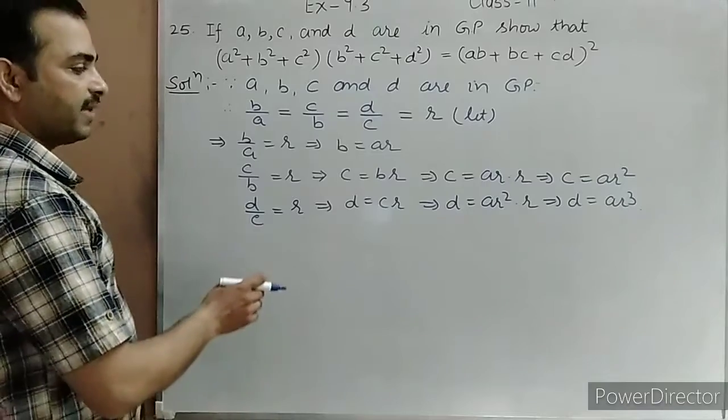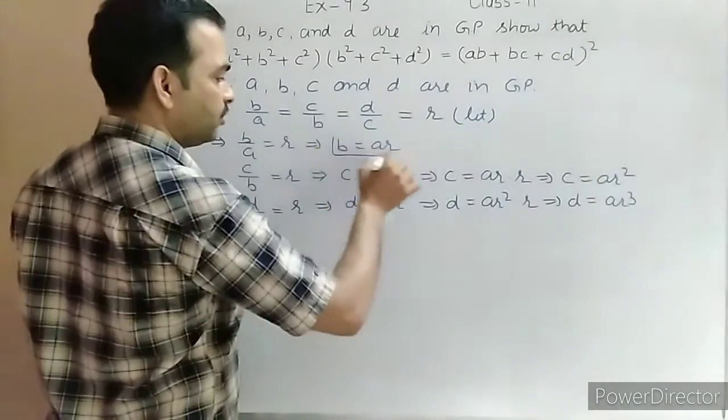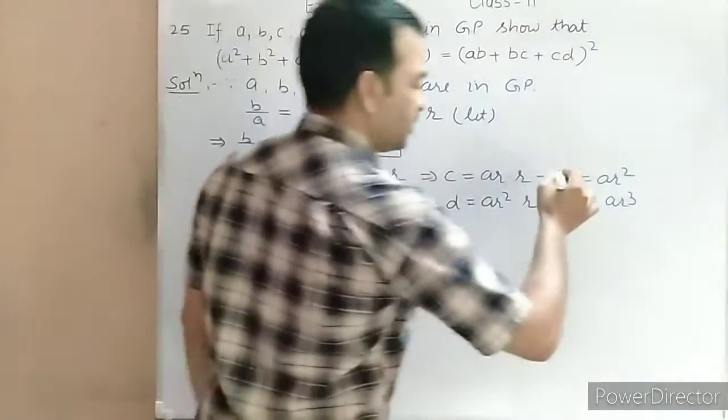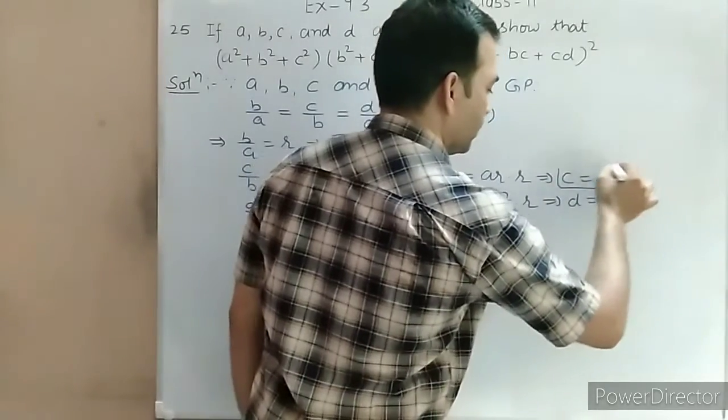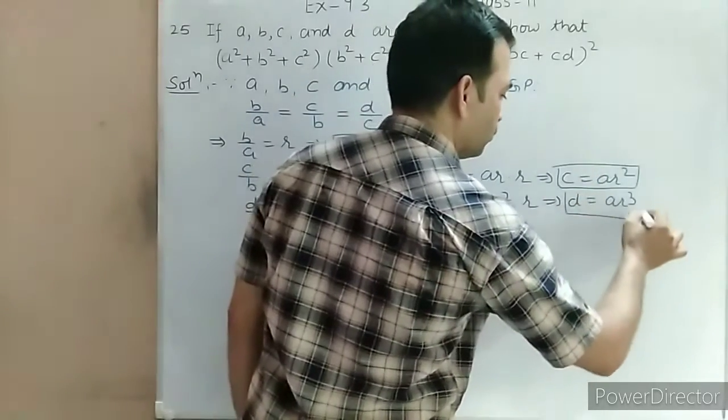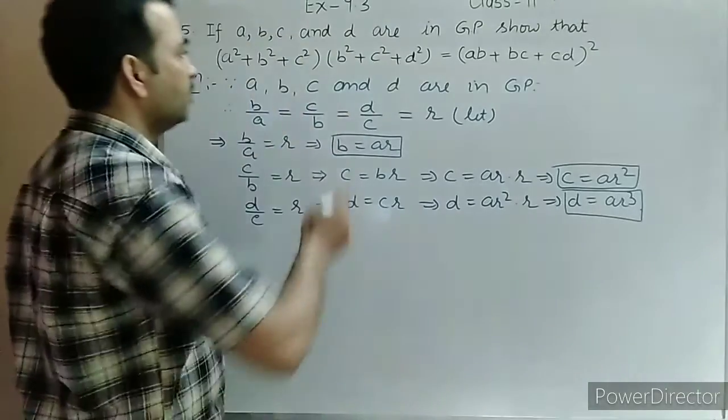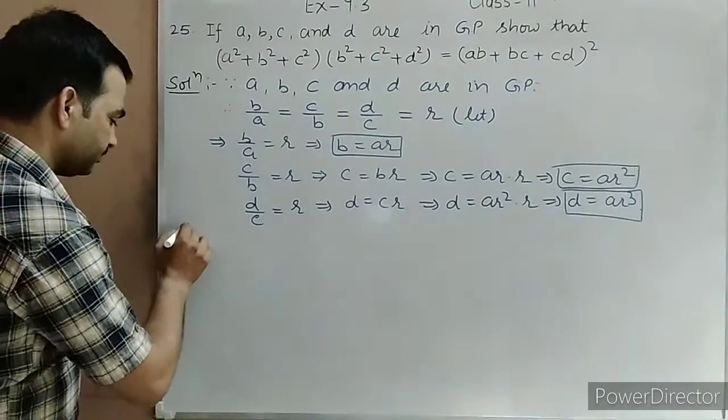Now using these values, B is equal to AR, C is equal to AR square and D is equal to AR cube. I take LHS.